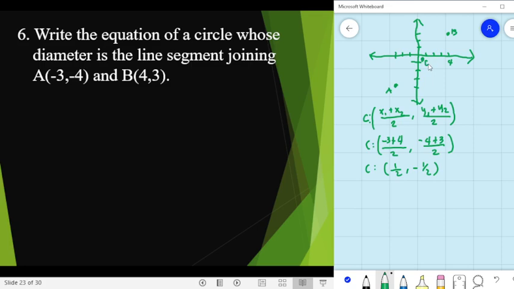Since we are going to find the radius, we have to use either of the two endpoints. To find the radius, you can solve from C to A or C to B, and the result will be the same.